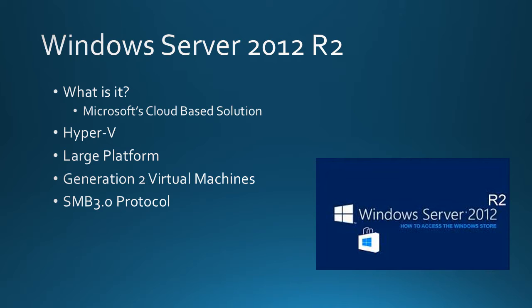To increase boot times, they have provided things such as unified extensible firmware interface support, pre-boot execution environment boot, secure boot, boot from a small computer system interface virtual hard disk, and the removal of IDE controllers. The objective of Windows Server 2012 R2 is that your virtualized server should be able to support large configurations and provide high performance virtual machines.